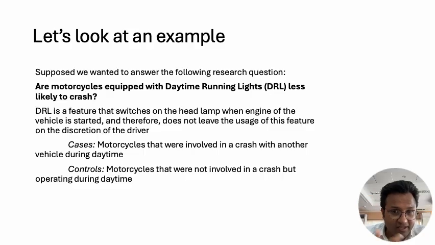So, it's not a single vehicle crash, which is also a very common occurrence with motorcycles. And controls are those motorcycles that were not involved in a crash but were also operating during daytime. All right. So now we are going to look at the sample size calculation if we wanted to do this study.